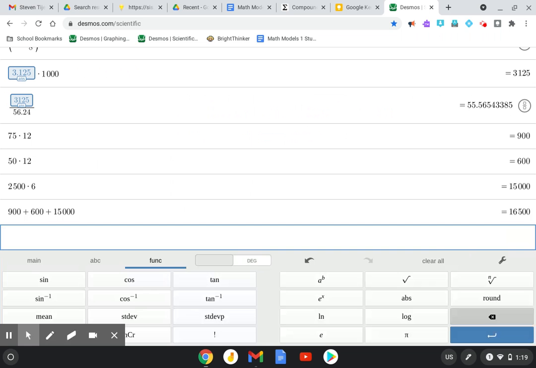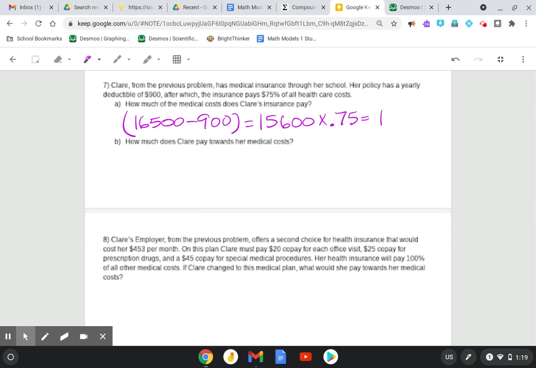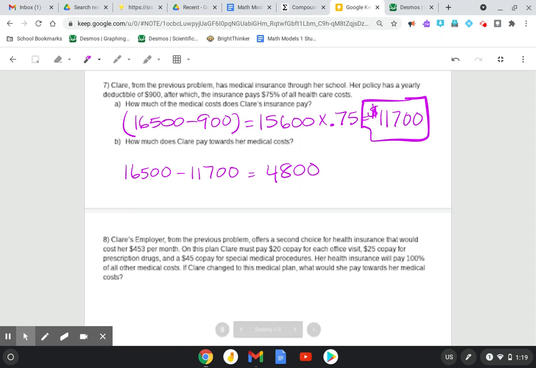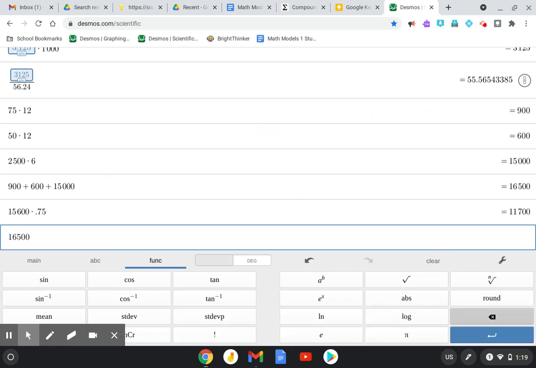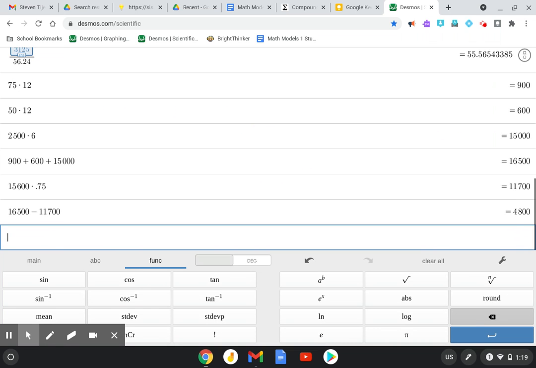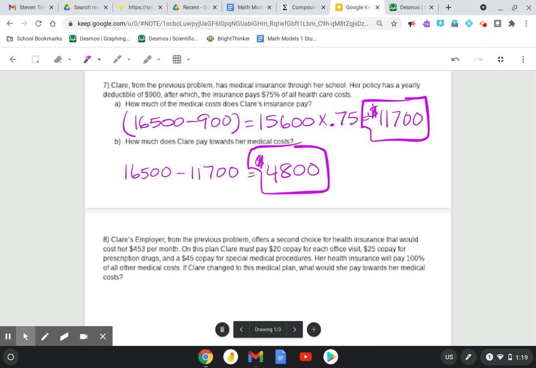So we find out what that number is. $15,600 times 75% is $11,700. That's how much the insurance is going to pay. So that means Claire is going to pay everything that's left. So we're going to do 16,500 minus 11,700, and we get 4,800.